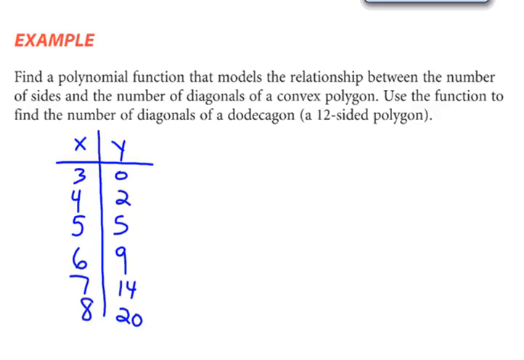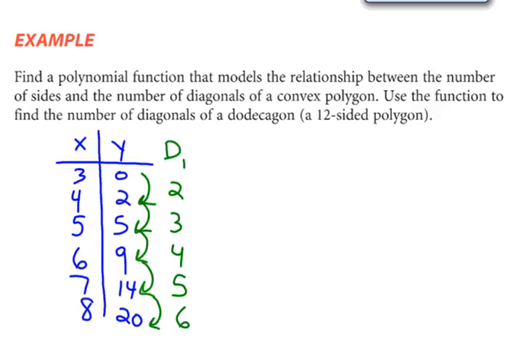First, 0 to 2. 2 minus 0 is 2. 5 minus 2 is 3. 9 minus 5 is 4. 14 minus 9 is 5. 20 minus 14 is 6. So our first set of differences does not give us a constant. So now let's go to our second set.